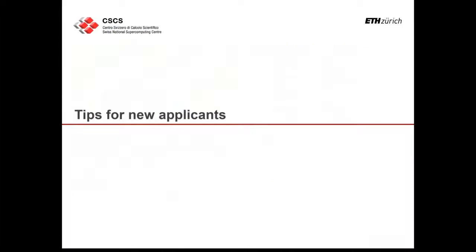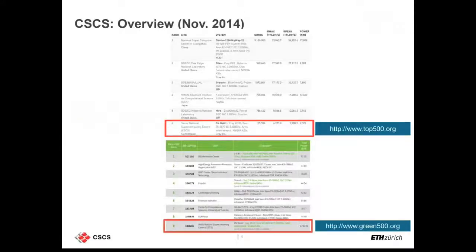So, tips for new applicants. You should know that CSCS is the Swiss National Supercomputing Center, and it has been one of the main players in the field of high-performance computing over the last 15 years.